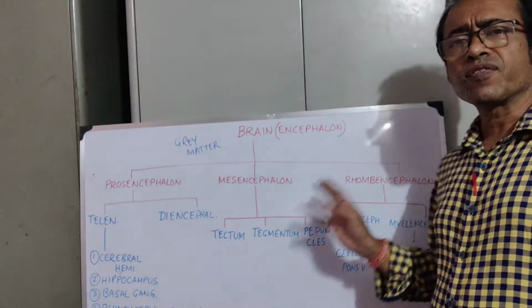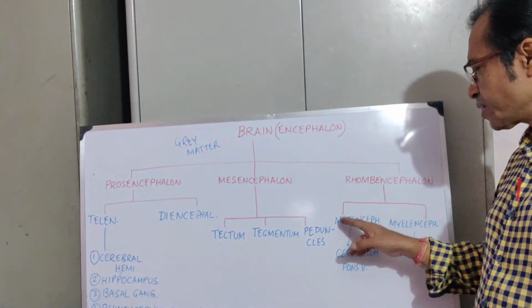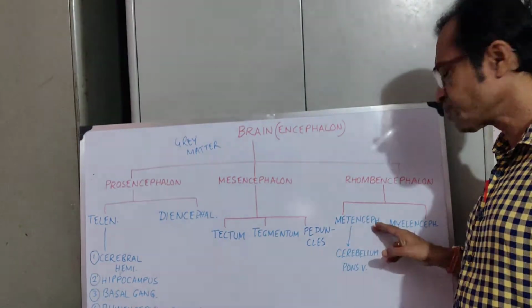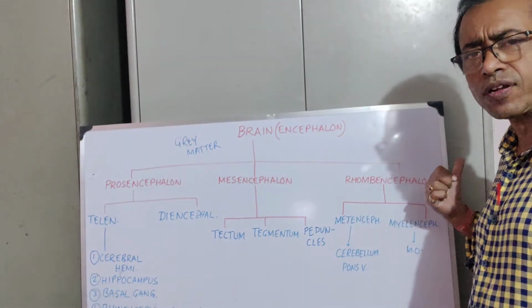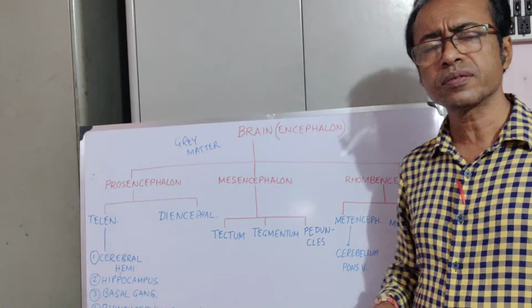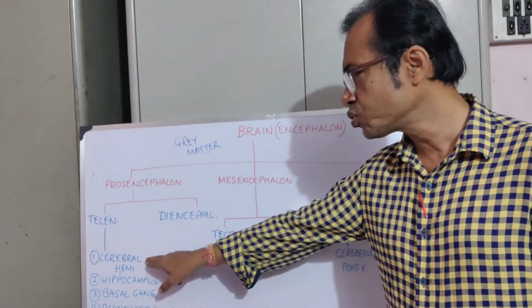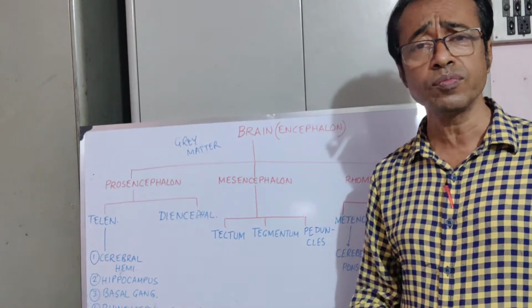Coming to rhombencephalon, or the hindbrain. Hindbrain contains 2 parts. One is metencephalon, another is myelencephalon. Metencephalon consists of 2 parts. One is cerebellum. Cerebellum is next to cerebrum in terms of its volume.